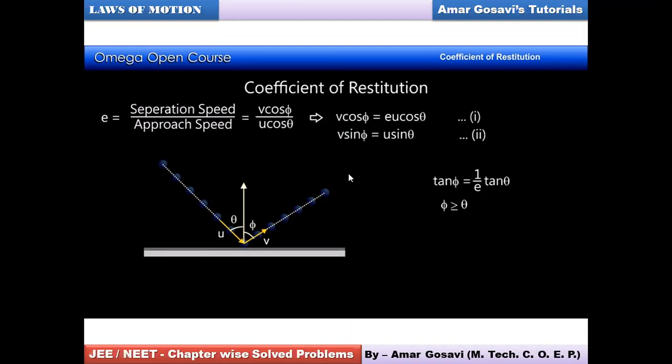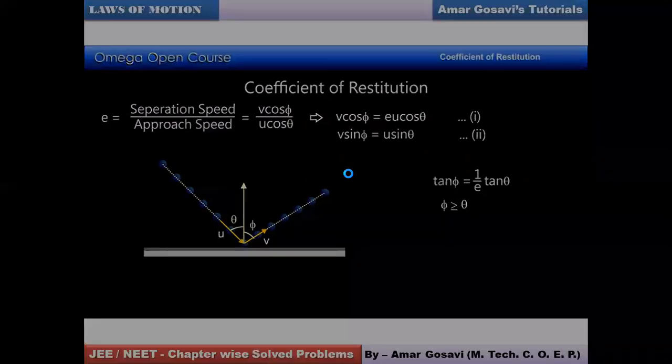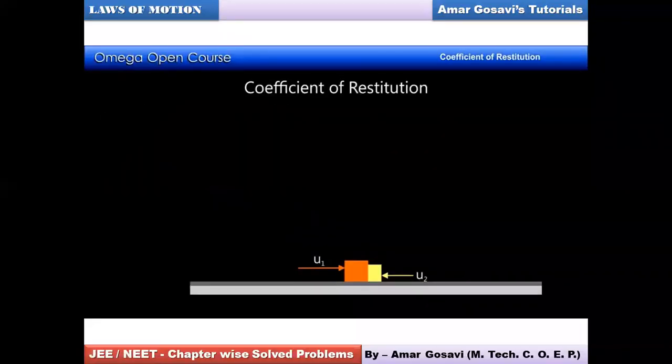Okay. So let's move ahead then. Let's talk about coefficient of restitution in this case. So there are two blocks. One is moving towards right with initial velocity u1. Other is moving towards left with initial velocity u2.